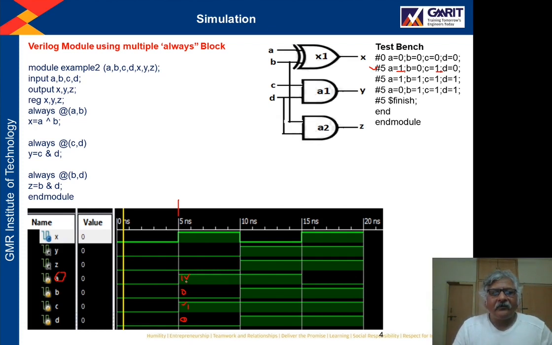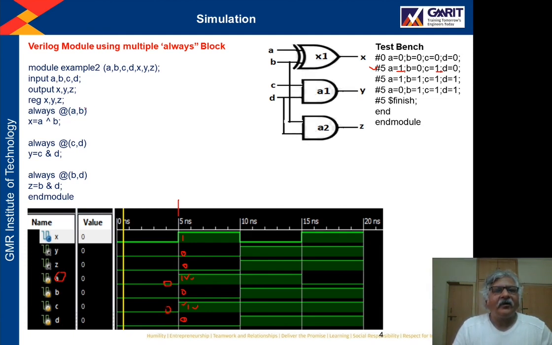Due to this you get a result X 1, Y 0 and Z 0. You got this because there is an event on A and C, because A became 1 and C became 1. Earlier A was 0 and C was 0.